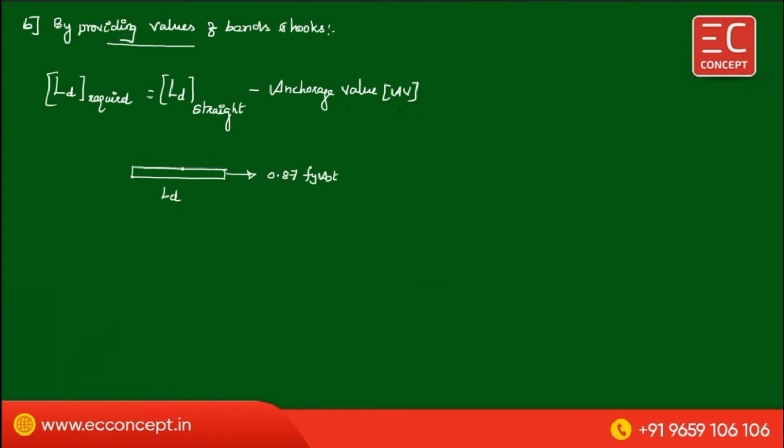But in some cases, we can't get that much length of development length in order to develop a bond stress. For example, the development length which is required for resisting this 0.87 Fy is, for example, 1000 mm or 700 mm.